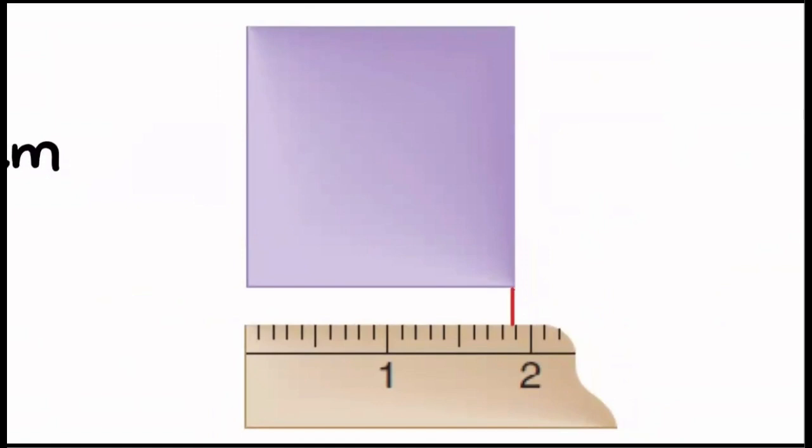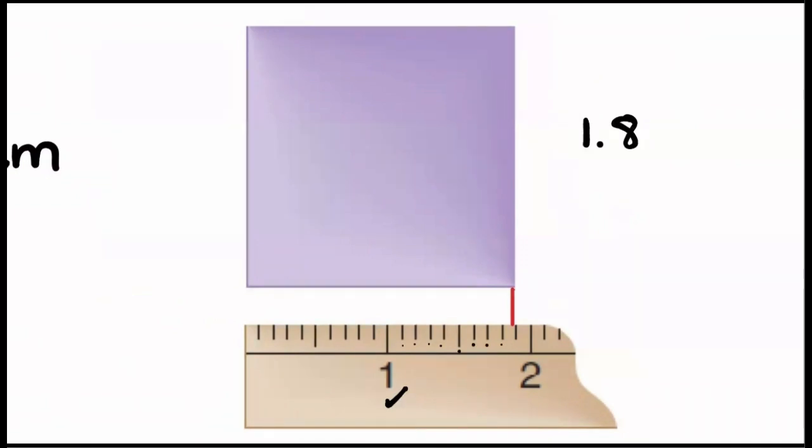I can observe that in this instrument, for example, my known digits are going to be 1.8, because when I look closely, I have the marking for 1, I have the marking for 0.1, 0.2, 0.3, 0.4, 0.5, 0.6, 0.7, 0.8.